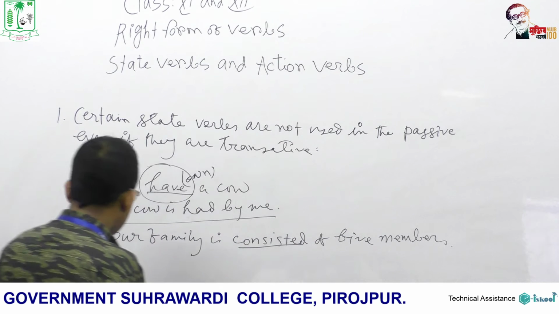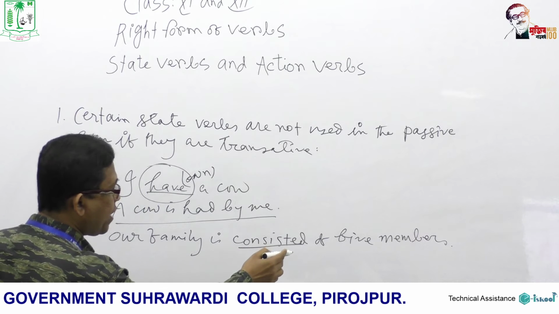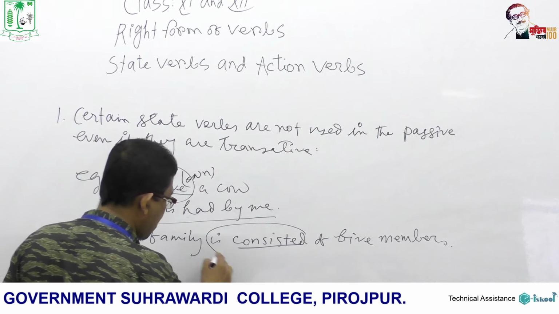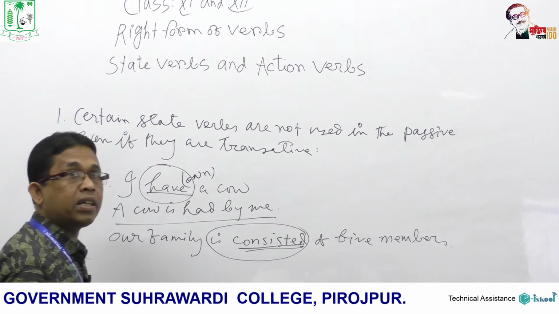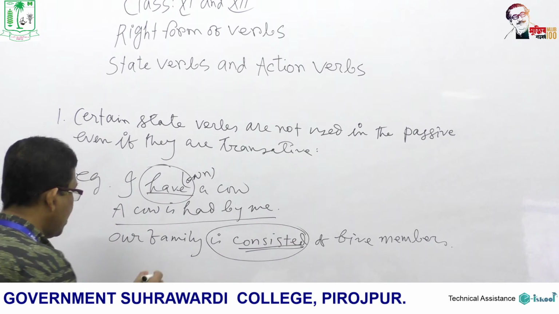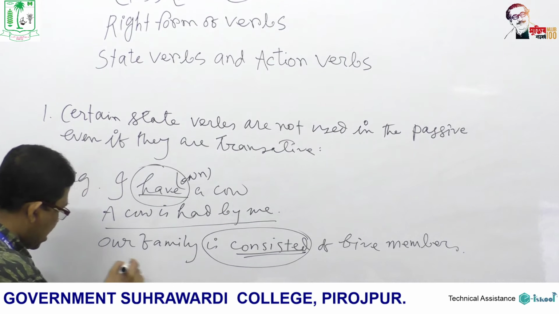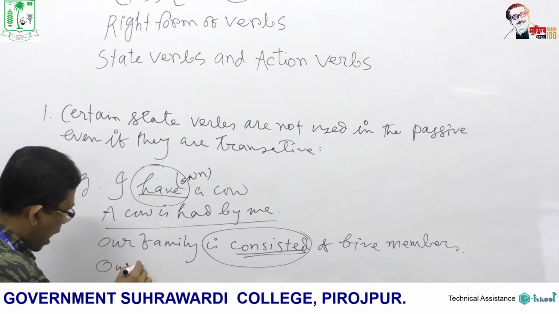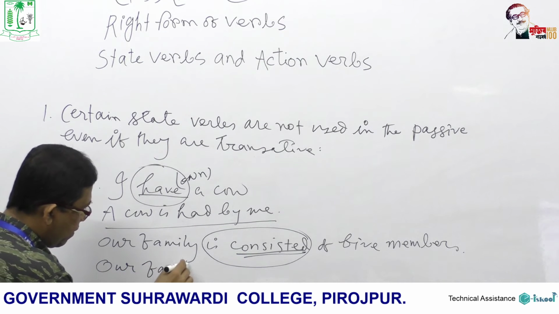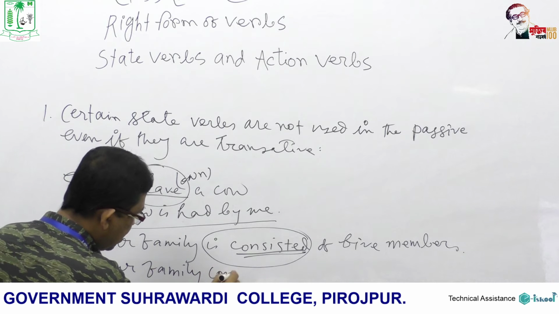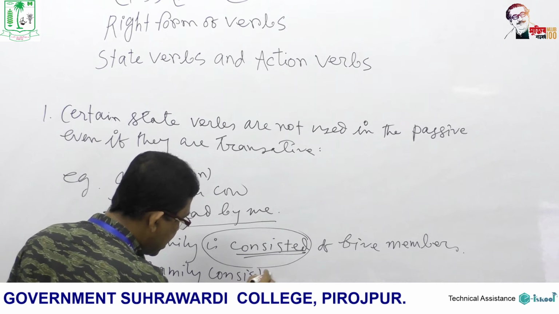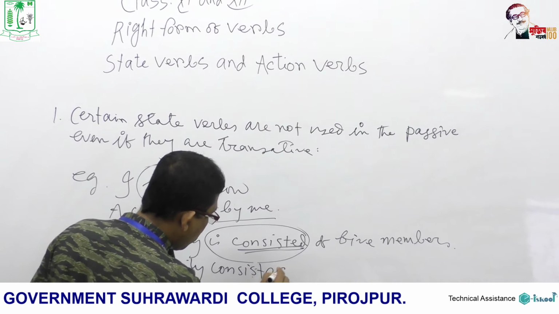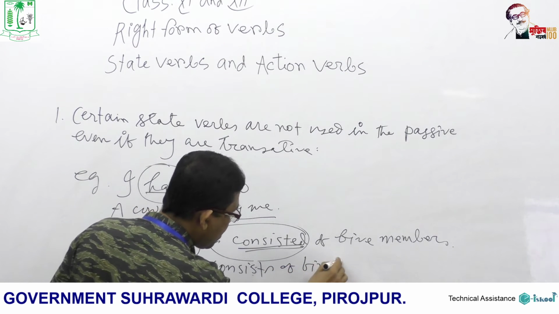And then, our family is consisted of 5 members. Here is a mistake. This is a passive sentence, and as this is a state verb, it cannot be used in passive form. So the correct sentence is: our family consists of 5 members.